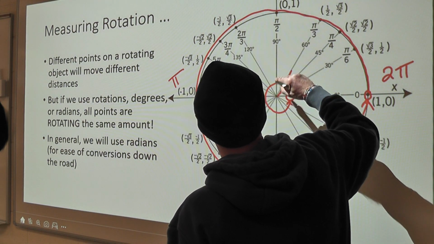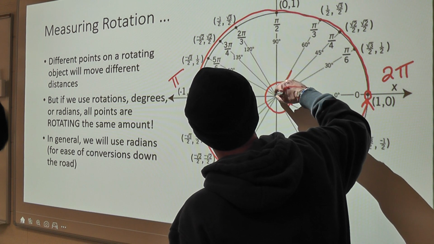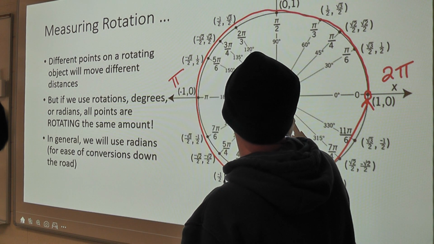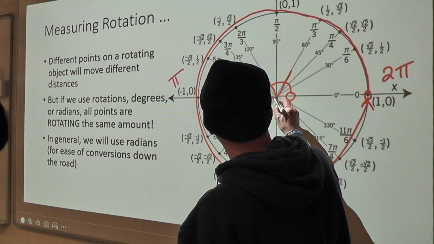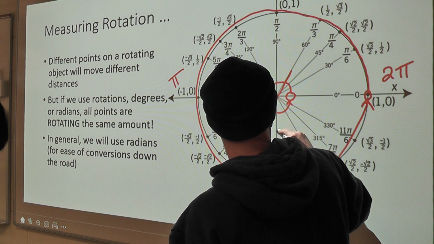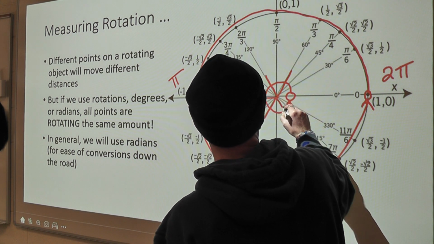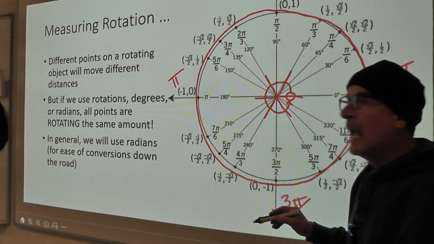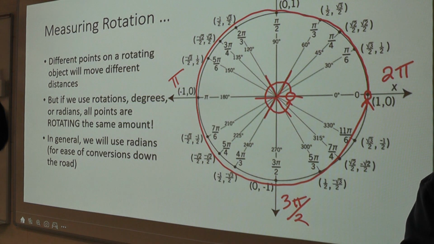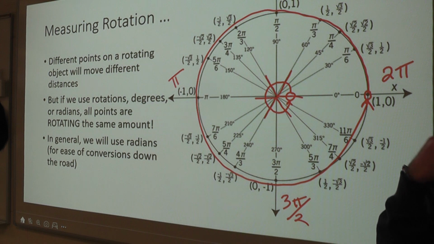So 1 radian is roughly here. 2 radians is roughly here. 3 radians is roughly here. And 4 and 5 and 6. That's not exact, but it's close enough for just visuals.